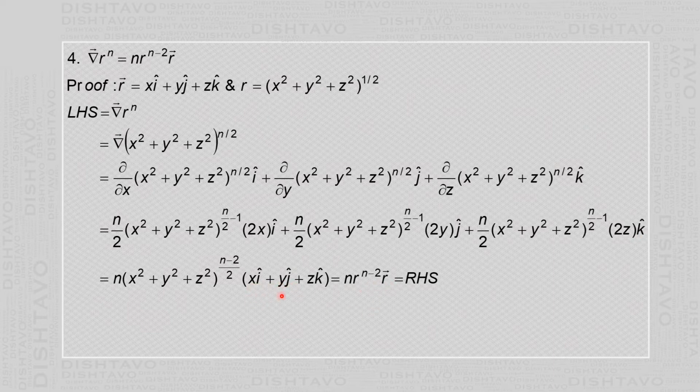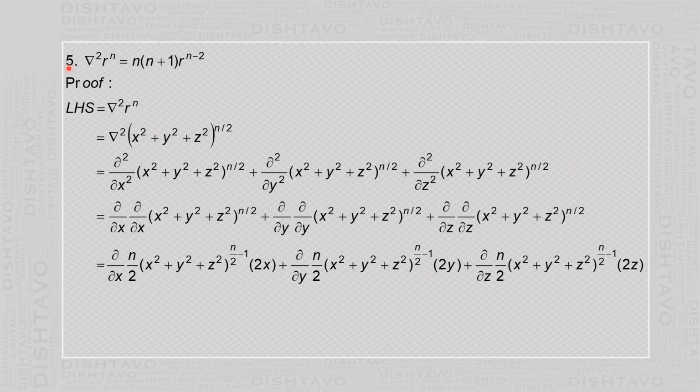This x i cap plus y j cap plus z k cap is vector r, and this x square plus y square plus z square raised to half is r. So it is r raised to n minus 2, and this n comes as a multiple. So this is nothing but the right hand side.